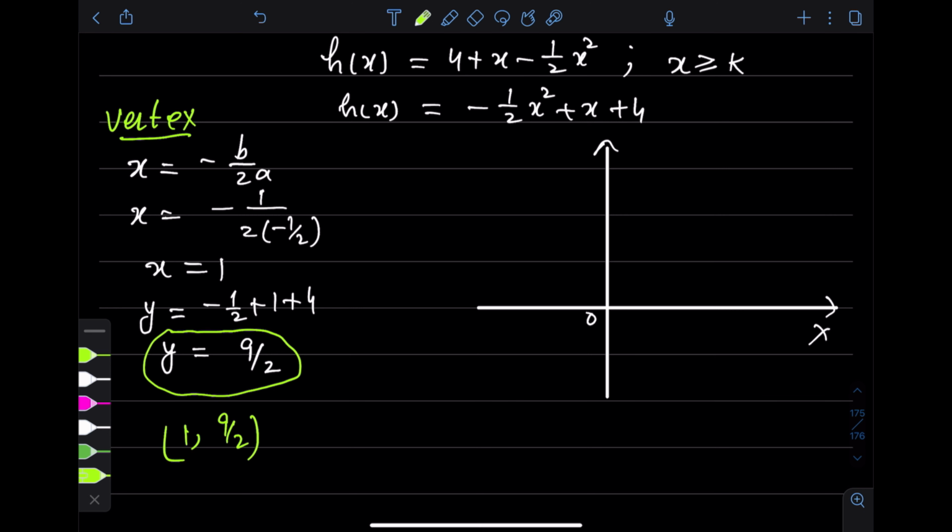This is 1 and this is 9 over 2. Since the coefficient of x square is negative, the graph will open downward.